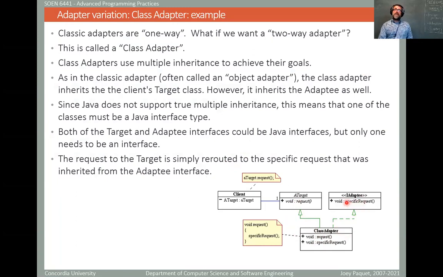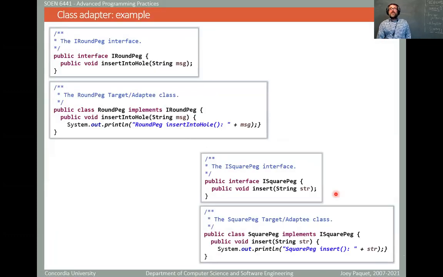That's somehow doing some kind of multiple inheritance, but actually it's inheriting one class and then implementing an interface that is the interface of the adaptee. You see here, that's another example because it didn't really work for file reading. So that's the classic peg example for the adapter.